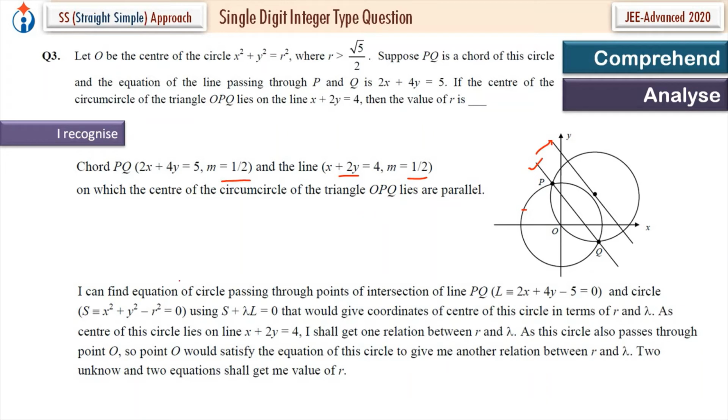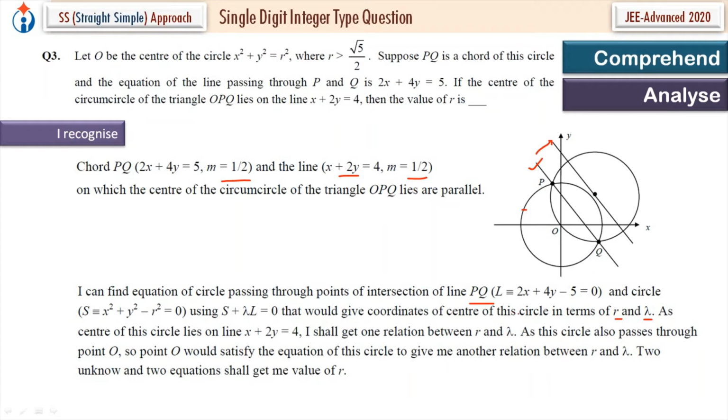Now, one method could be, I can find equation of circle passing through point of intersection of line PQ and circle, both equations are given. That would give coordinates of center of this circle in terms of R and lambda. S plus lambda L equal to 0, S is in terms of R. Now, a center of this circle lies on this line.